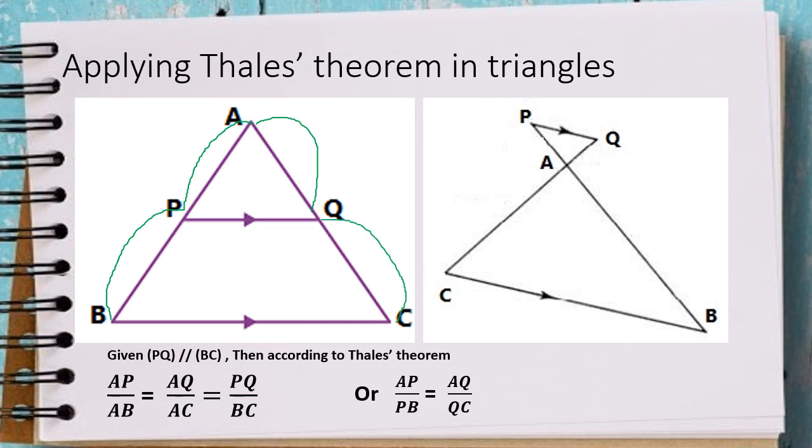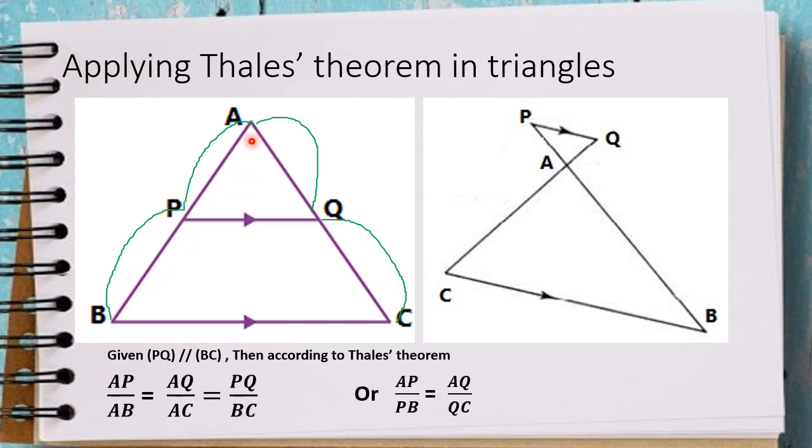Okay, so you can notice that in the first part of Thales theorem we have three fractions, but in the second only two. You can visualize it and see that in the first one we are taking a small section over the big section, so a part of the side of the triangle over the whole side.